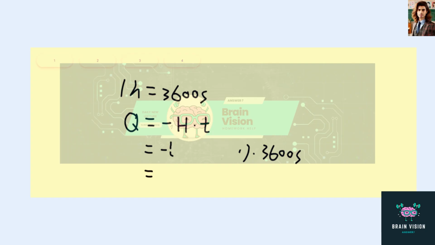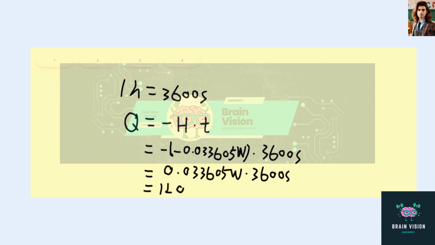So this will give us 0.03365 watts times 3,600 seconds, and this will give us 120.978 joule for the heat that is burned off during the process.